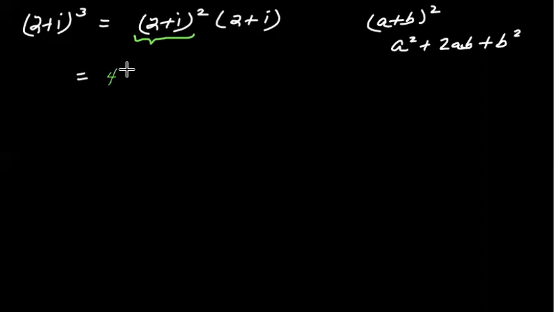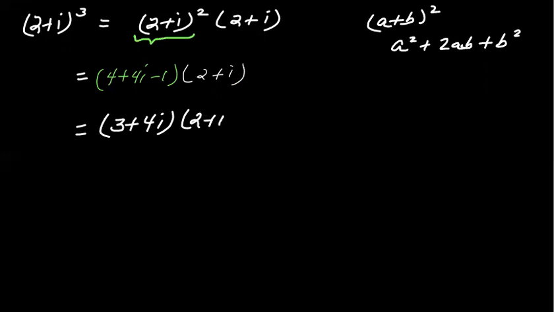So 2 times 2i is 4i. b squared. What is b? b is i. i squared is minus 1. And then this is then multiplied by (2 plus i). So 4 minus 1 is 3 plus 4i multiplied by (2 plus i).